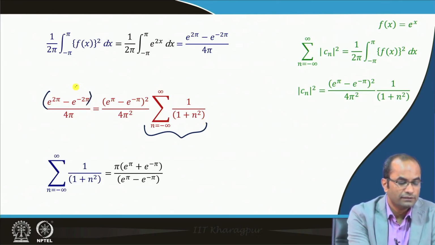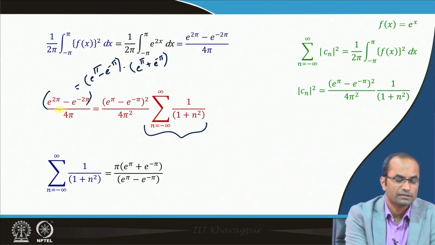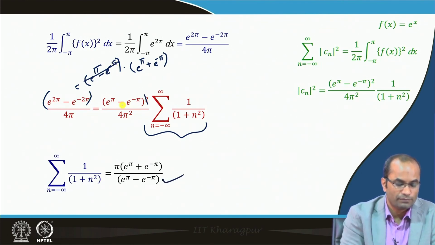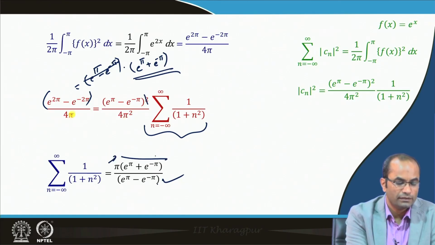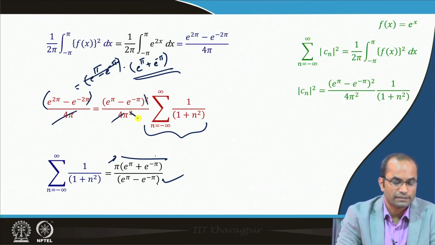The left hand side we can write as (e^π − e^(−π)) times (e^π + e^(−π)), say a² − b². So, one term will get cancelled. In the division we have e^π − e^(−π), in the numerator e^π + e^(−π), and then there is a π because of this cancellation.